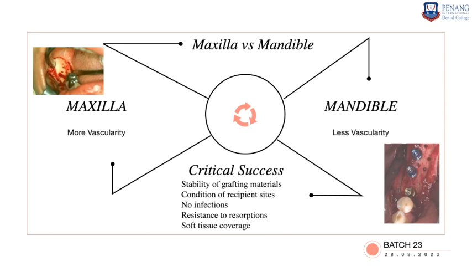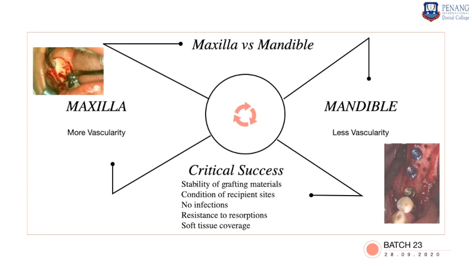Since the mandible has a thick cortical plate, it will have less vascularity. If you are going to harvest the bone, the cortical bone will be thicker, so it will take longer for revascularization compared to a maxillary bone graft.